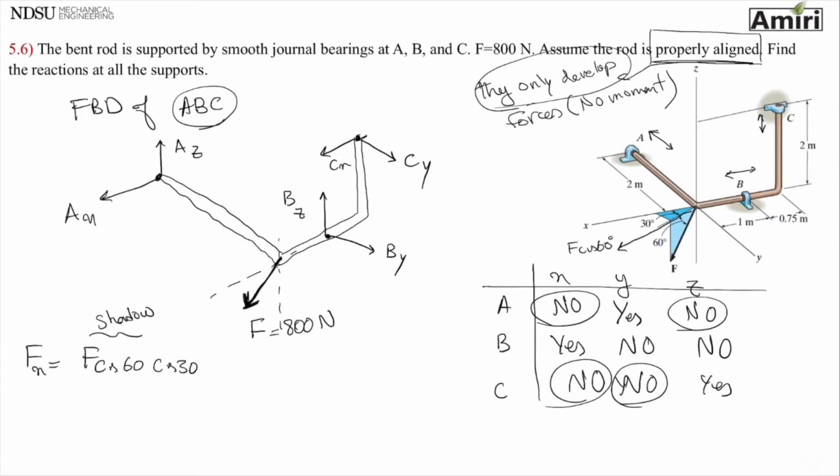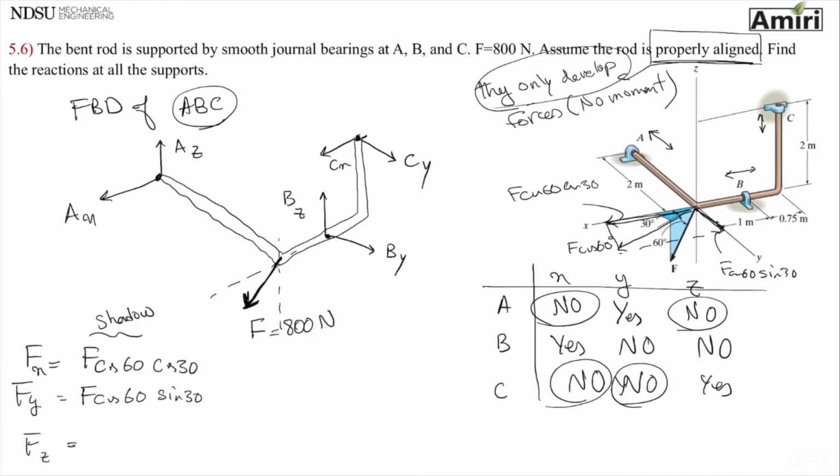If I find sine 30, so this is F cosine 60 cosine 30, which is x. And this one is going to be F cosine 60, the shadow, multiplied by sine 30. And that's going to be y.